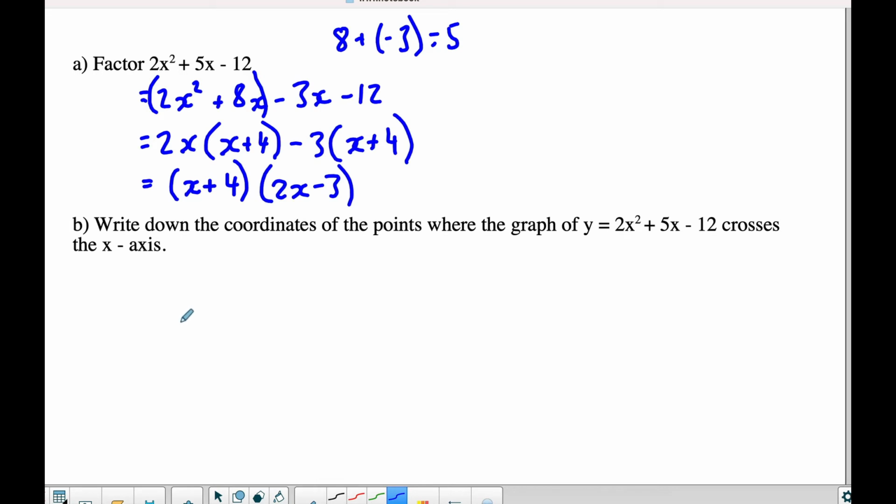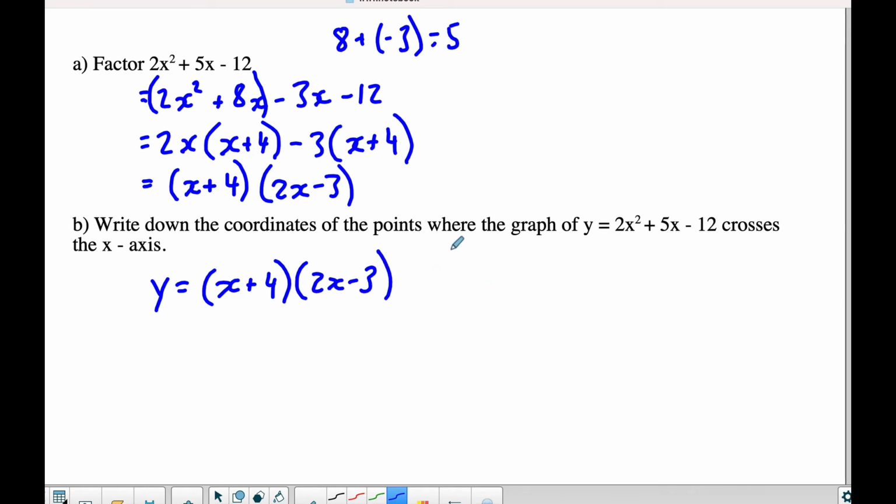So now we're asked to write down the coordinates of the points where the graph of y equals 2x squared plus 5x minus 12 crosses the x-axis. I can write this in factor form: y is equal to x plus 4 times 2x minus 3.